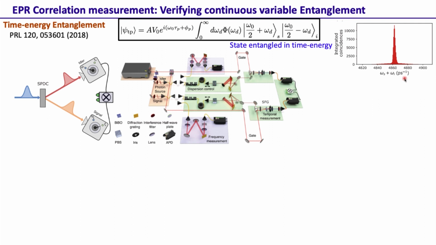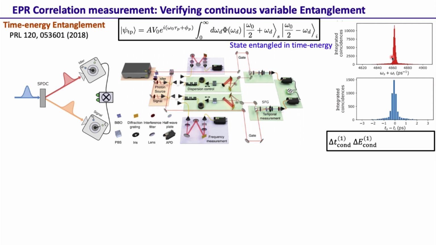But essentially, just like position momentum in the other experiment, what we are detecting here is that at a fixed value of, let's say, the idler frequency, what is the range of values over which the signal can be detected, and that's the coincidence count as a function of omega s when omega i is fixed. It could be the other way as well. Similarly, we can also do an experiment where the arrival time of the idler photon is known, and then for a given arrival time of the idler photon, what is the time range over which the signal photon can arrive, and that is the probability for that.